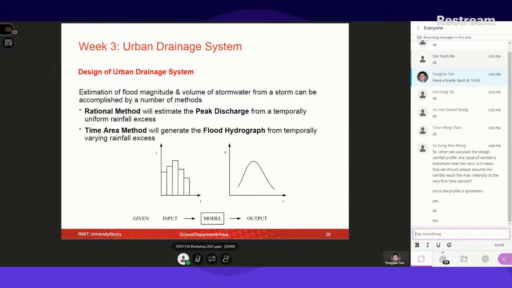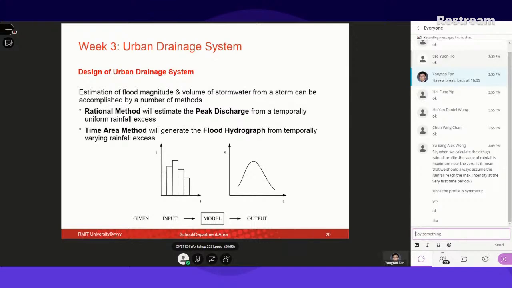Another method is the time area method, which generates the flood hydrograph from temporally varying rainfall, that means from the temporal rainfall pattern. So these are the 2 methods for estimating the flood and the volume of stormwater.